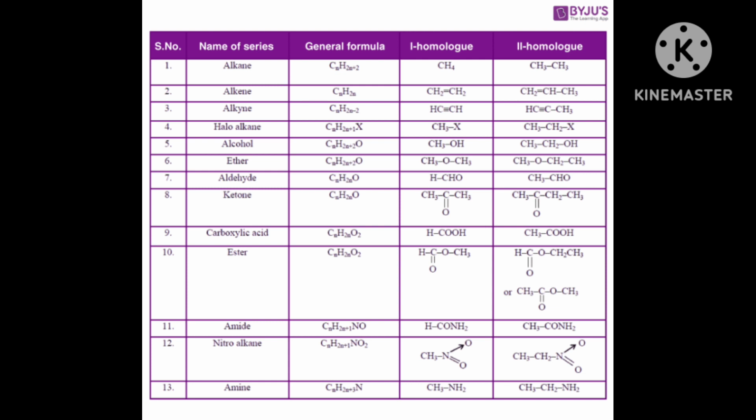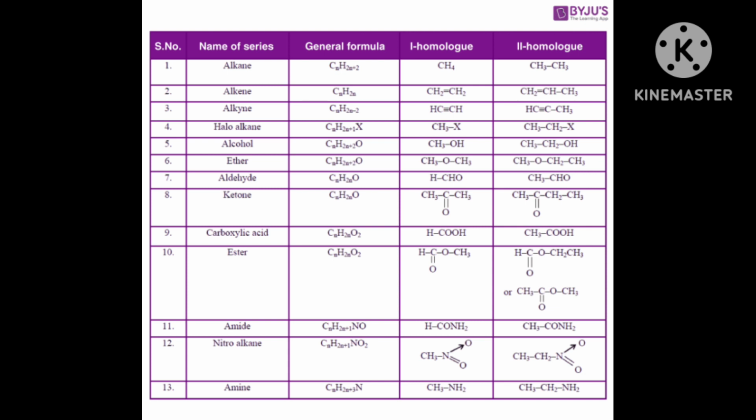If OH group is attached to an aromatic compound, it is called phenolic group. If OH group is present in any compound, that is the alcohol group, called alcoholic group.